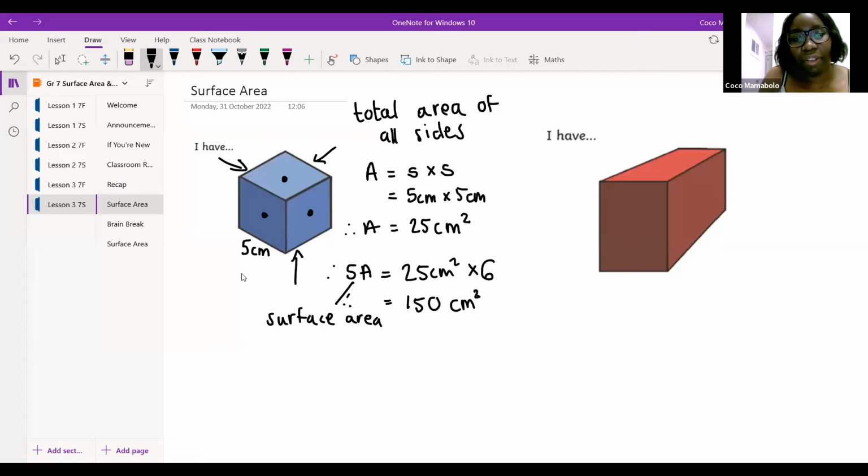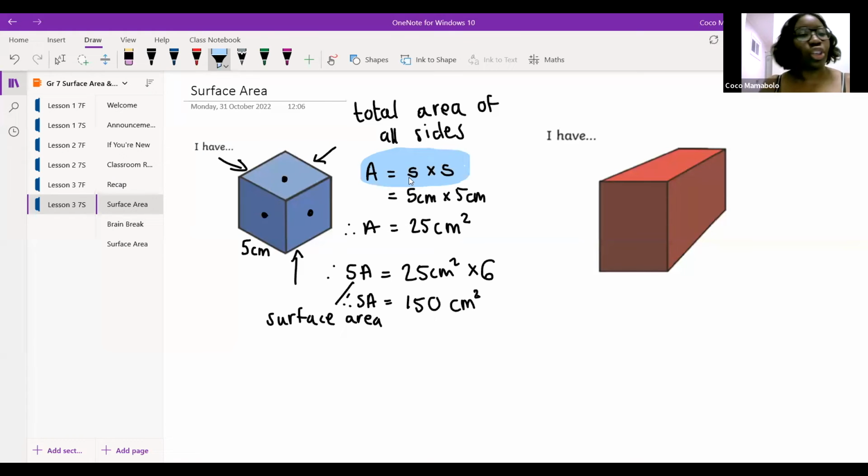Thank you, Maya. Therefore, surface area is equal to 150 centimeters squared. Somebody says, how do you calculate the area? Mkhele, we looked at the formula for area over here. Area is equal to side times side, just like Teacher Cat said in the chat. Area is equal to one side times the other side.